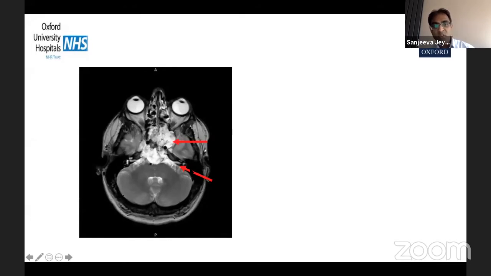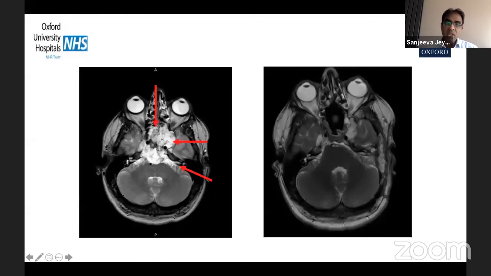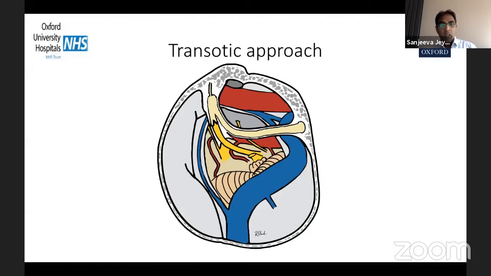You could of course go on through the cavernous sinus, but I didn't do that. I combined an endoscopic approach with this approach, and you can see you get very nice resections using these approaches. Unfortunately left a small amount of residual there, but otherwise a good resection, and this patient is intact and doing very well from their chordoma.